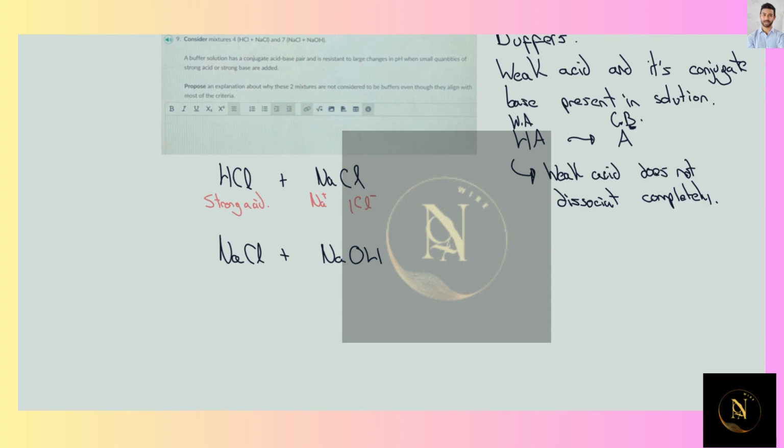We can look at Cl minus as a base, with a conjugate acid which would be HCl, but the conjugate acid of Cl minus is going to be a strong acid. So this is not going to classify as a buffer solution.